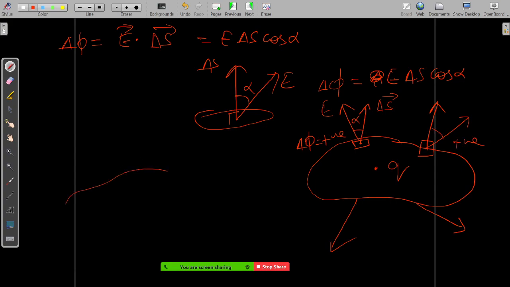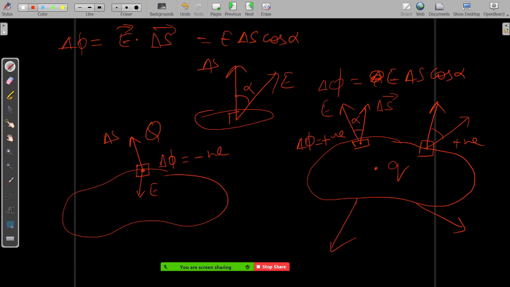But if you take the same surface and put a charge outside, and if you see the electric field at this particular surface area, the electric field is going inside. And where will the delta S be? Delta S will be outside, perpendicular to the surface. So this will become negative flux. The small flux here will be negative, correct?